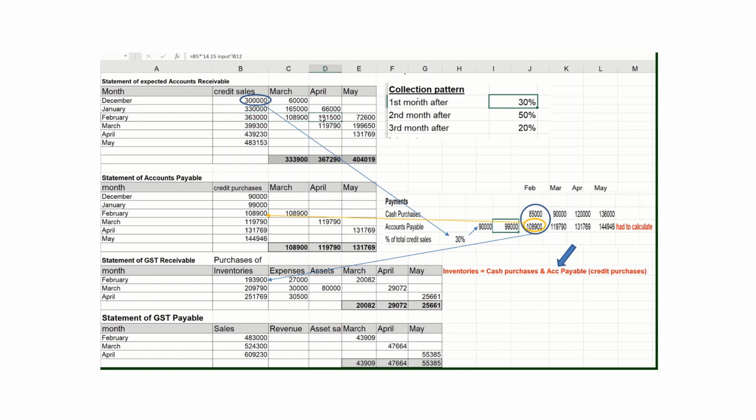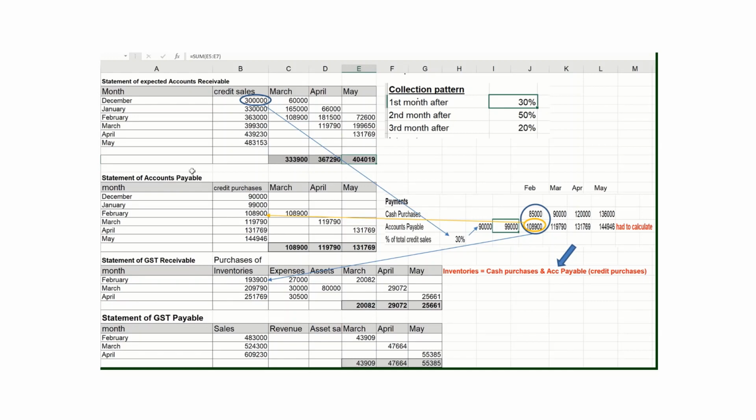We will receive that, and then also 20% in the 3rd month. And this is how you continue working your statement of expected accounts receivable. In the end, it's these totals that you're going to show in your cash budget. Now, I'm not doing the cash budget as per se today.